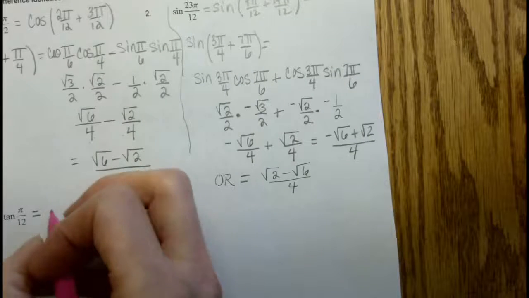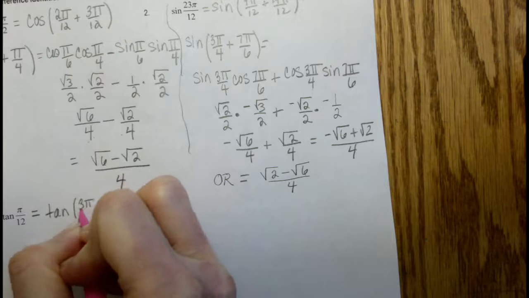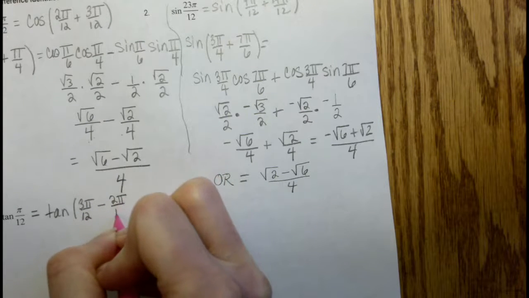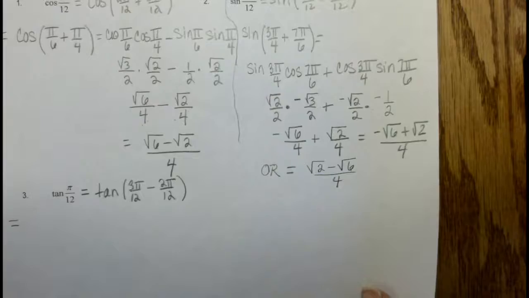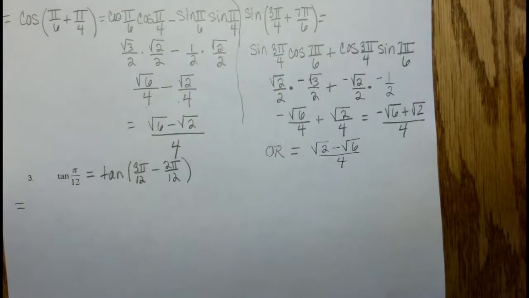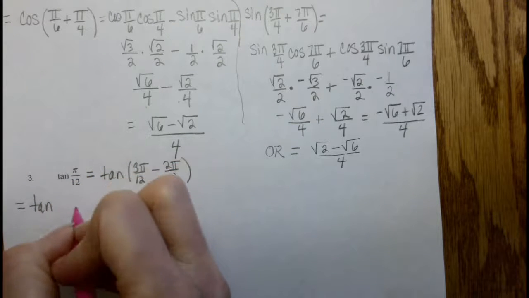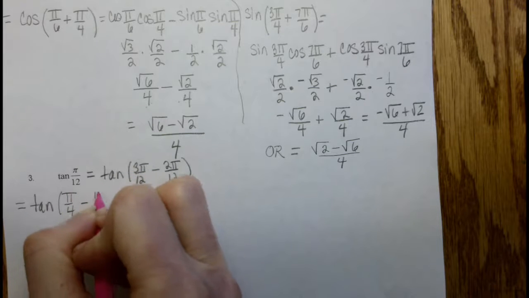Let's say that we're going to deal with tangent of 3 pi over 12 minus 2 pi over 12, which ultimately means that we're dealing with, if we can see it here, got to make sure you can see it. So this is going to be the tangent of pi over 4 minus pi over 6.